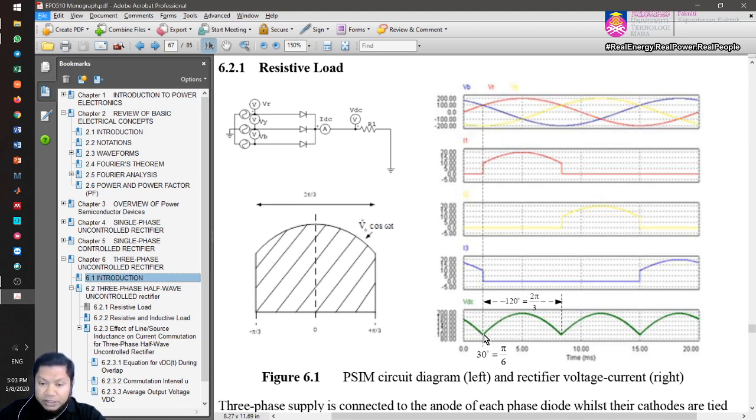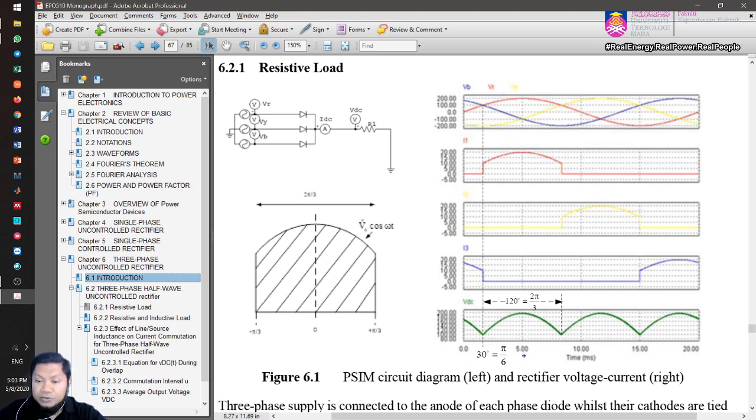So we're going to take one pulse only, and then do the integration. It's easier for us to relocate the peak of the waveform here to 0 degree.